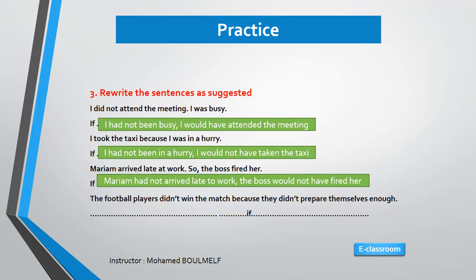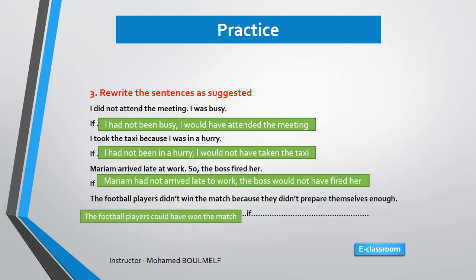So the result sentence, that is the football player didn't win the match. This one, is it affirmative or negative? We have didn't, which means it is a negative. We need to put it in the affirmative form. So the football player didn't win the match. We said this is a negative form. Okay, we are going to implement the rule.